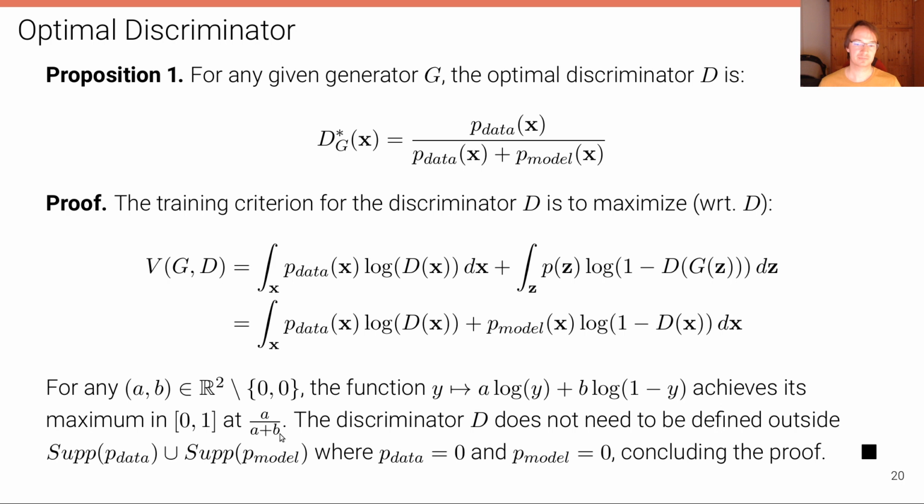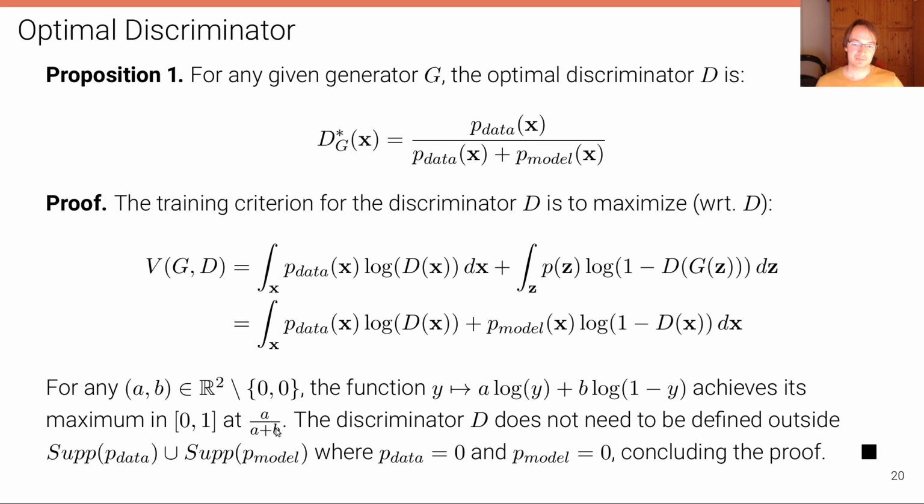And this is easy to derive. We just have to take this expression, differentiate with respect to y and set it equal to 0, and we obtain a over a plus b. So it's a good exercise to do.